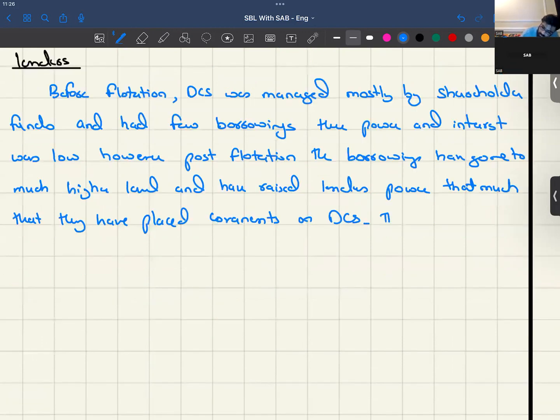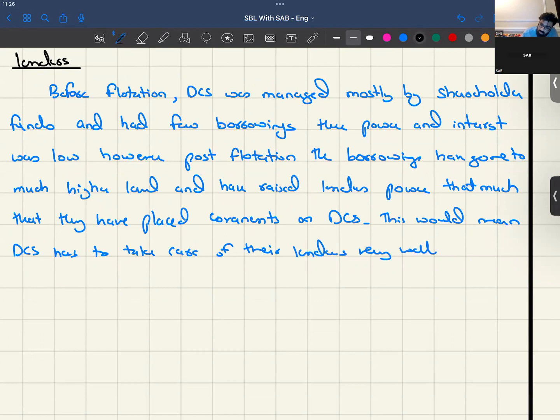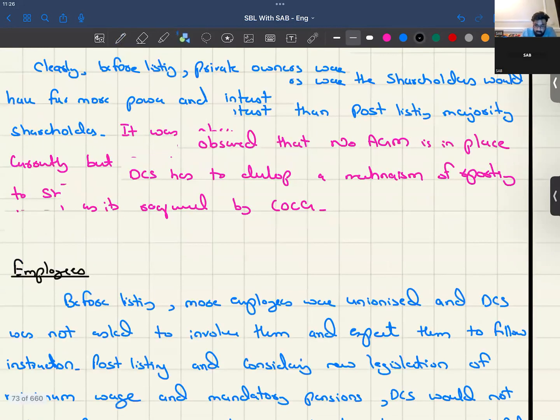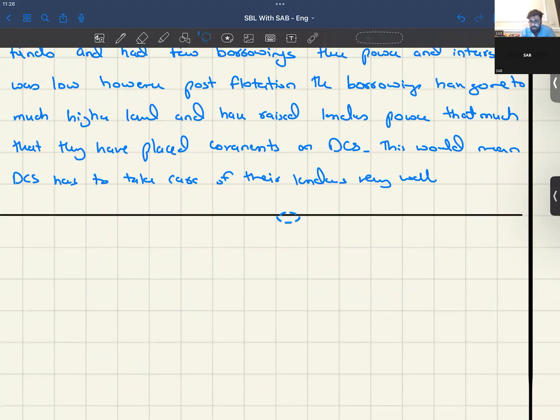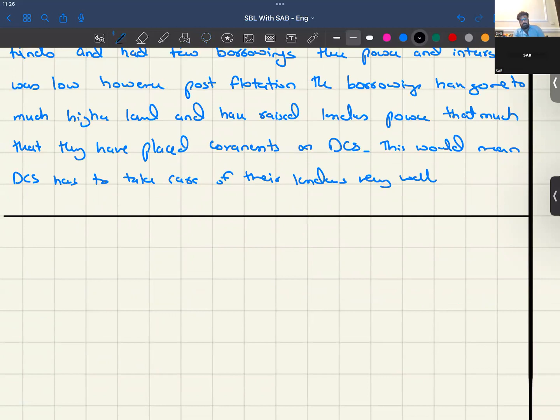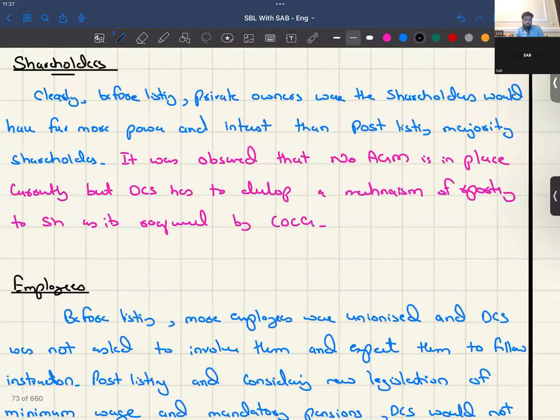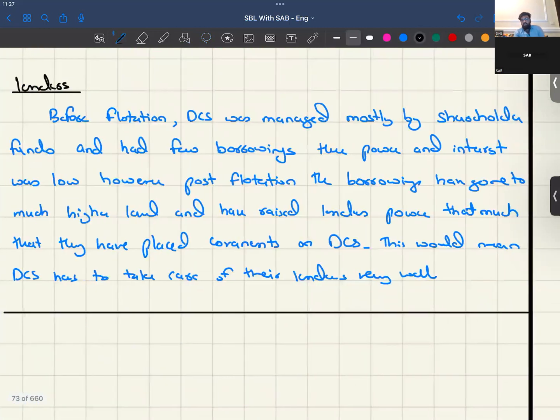This would mean DCS has to take care of their lenders very well, because now they have so much power that they are not even hesitant in applying the covenants.